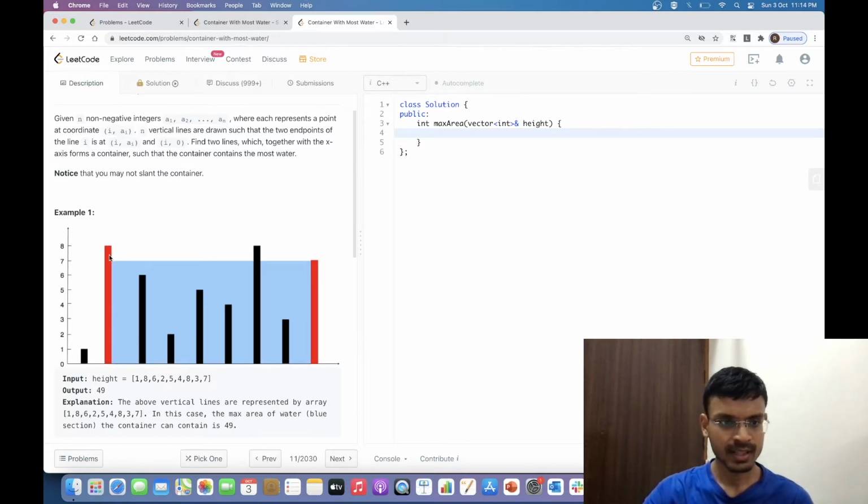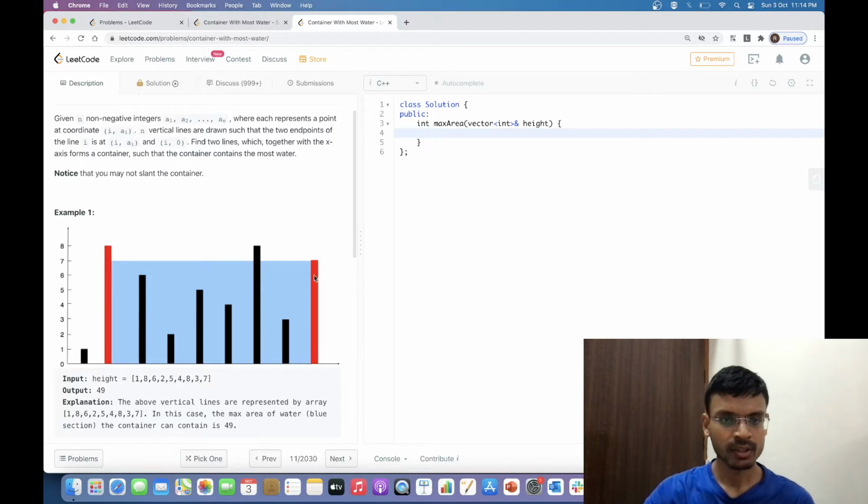lines. So if this line is at index i and this line is at index j, then the distance between them would be j minus i, and the height of the water would be the minimum height among these two. This has a height of 8 and this has a height of 7, so the minimum of 8 and 7 is 7.